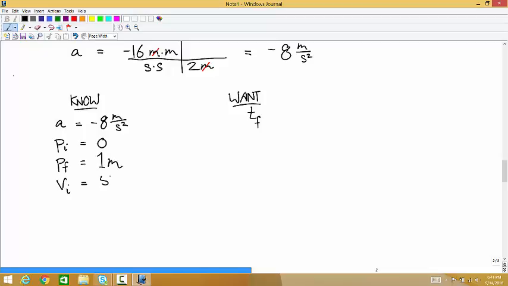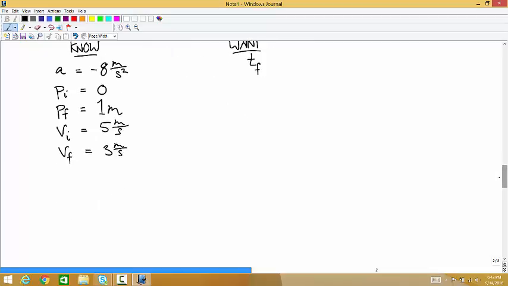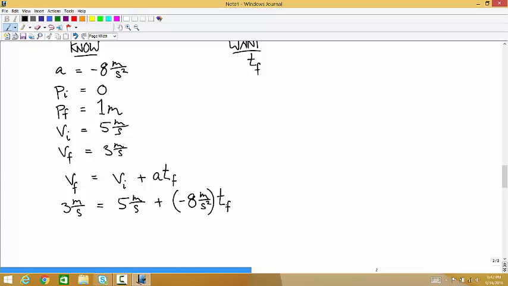V initial is 5. V final is 3. Is there an equation that works with these? I think it's the simple one, the one we always hope is going to work. So V final is equal to V initial plus A TF. 3 meters per second is equal to 5 meters per second plus the quantity negative 8 meters per second squared times TF.